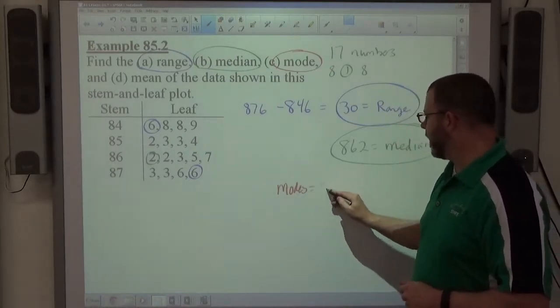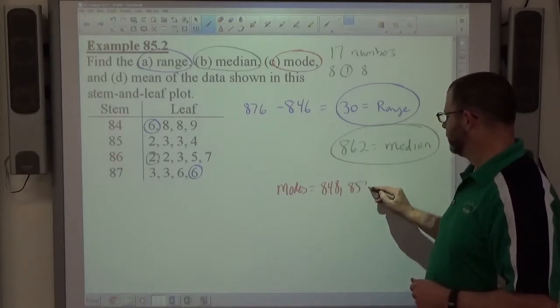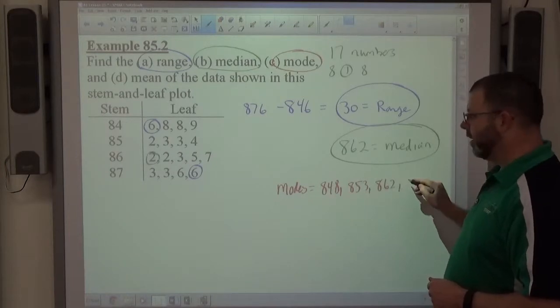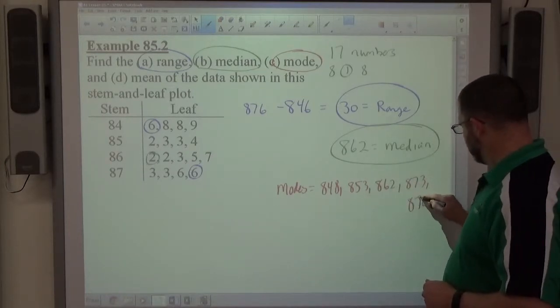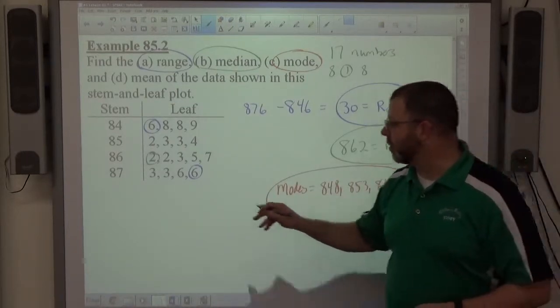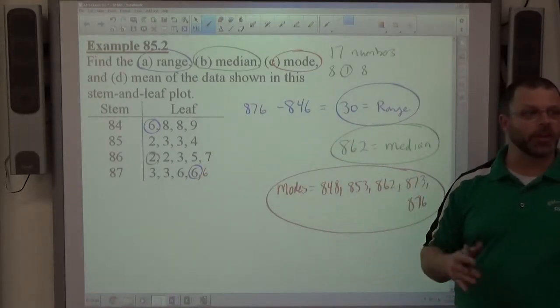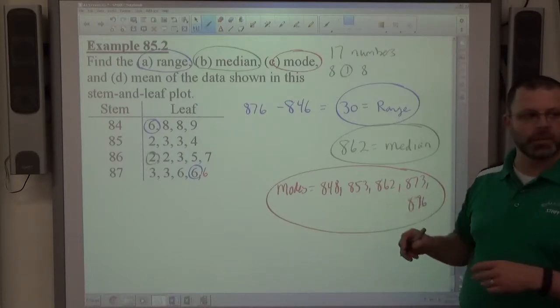So the modes are 848, 853, 862, 873, and 876. If any one of those numbers happened another time, for example, if there's one more 6 down here, then that would happen 3 times, everything else happening twice, which makes 876 the most frequent, so only 876 would be the answer.